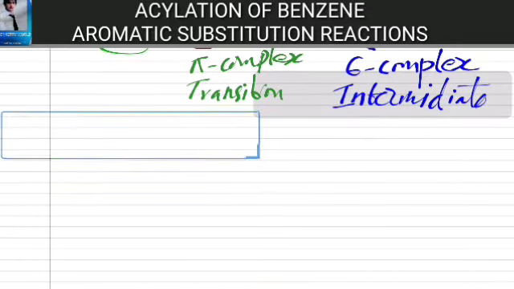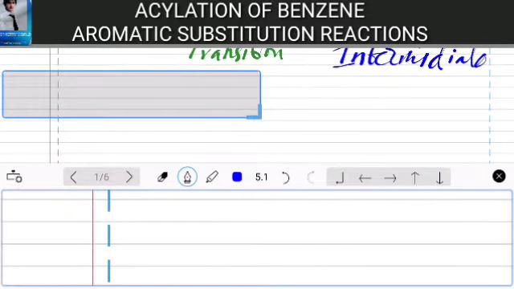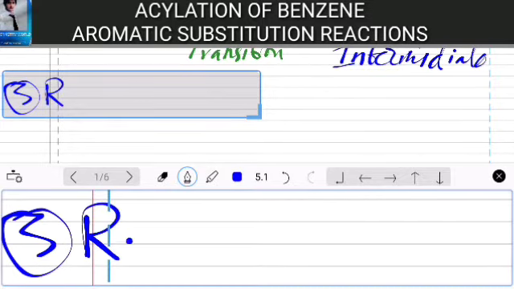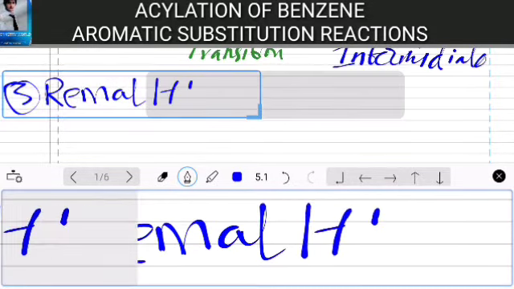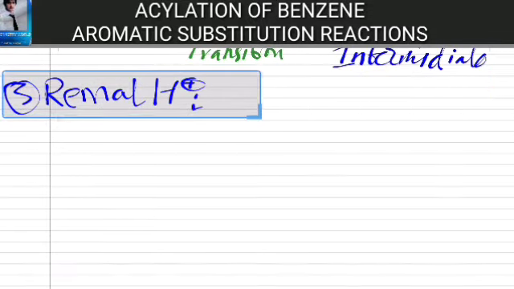The third step is removal of H positive from the sigma complex.